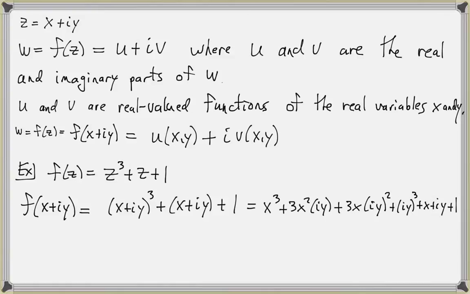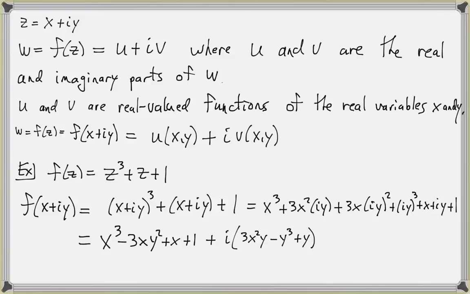And when I simplify, i squared is equal to minus 1 and collect all the real parts, I'll end up with x cubed minus 3x y squared plus x plus 1. And then when I factor out a factor of i from the imaginary parts, I get i times the quantity 3x squared y minus y cubed plus y.